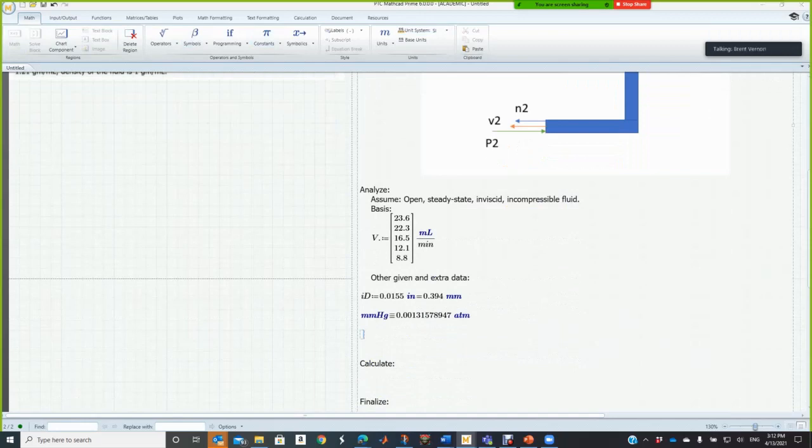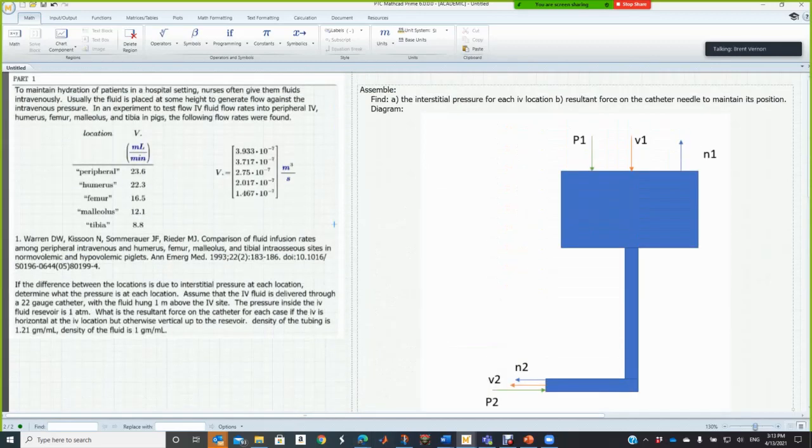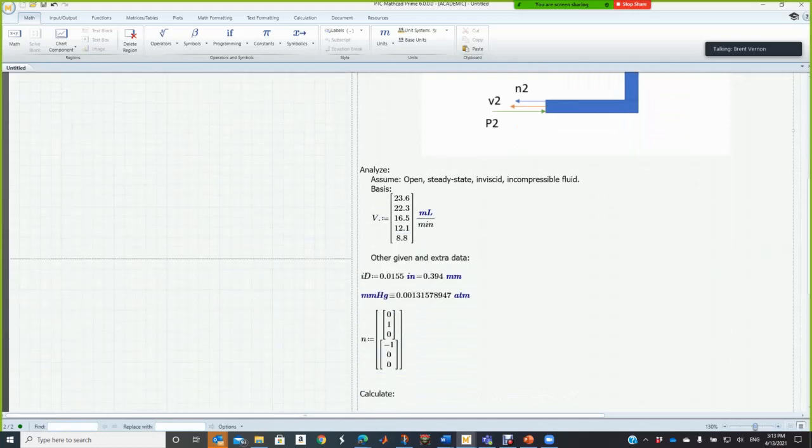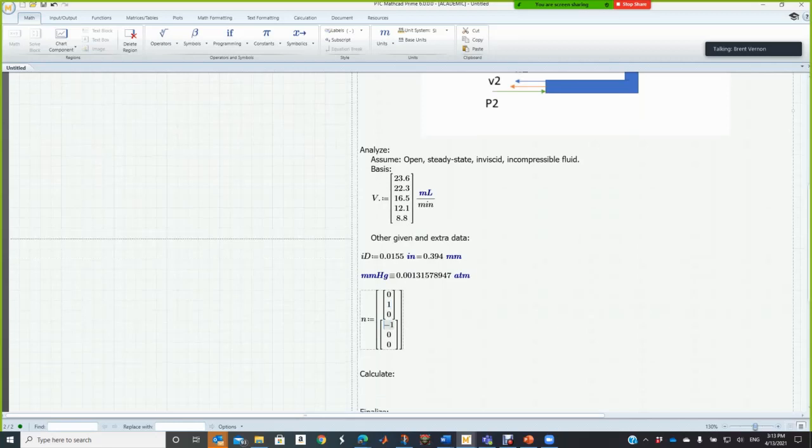If you look at those unit vectors, you can see that n1 is 1 in the y direction, and n2 is minus 1 in the x direction here.